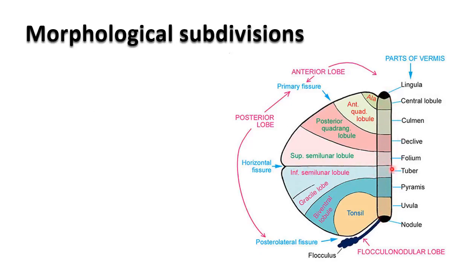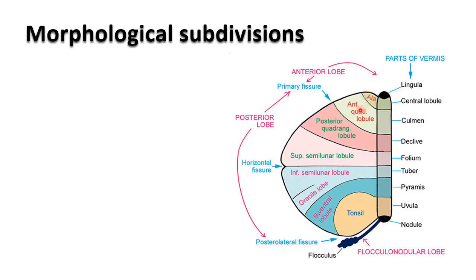These are the subdivisions of the vermis: lingula, central lobule, culmen, declive, folium, tuber, pyramid, uvula, and nodule. Lingula does not have a corresponding area on the hemispheres. But for the central lobule, the lateral corresponding area on the hemisphere is the ala.